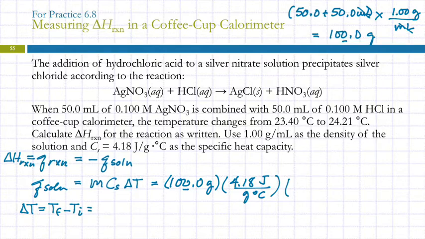Delta T can be negative, and when it is, we need the negative sign. 24.21 minus 23.40. 0.81 degrees Celsius. So that's my change in temperature, 0.81 degrees Celsius.